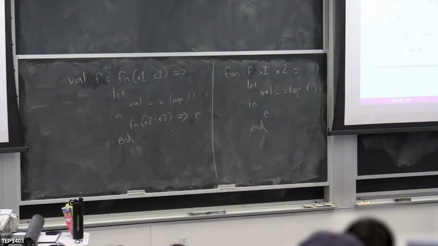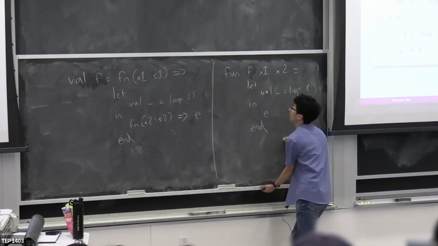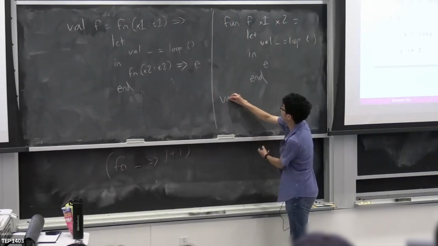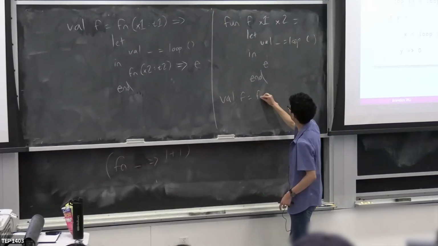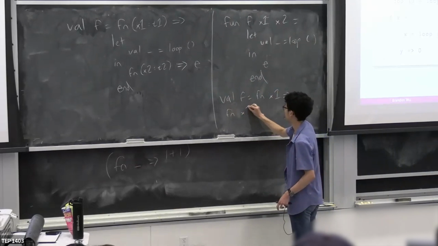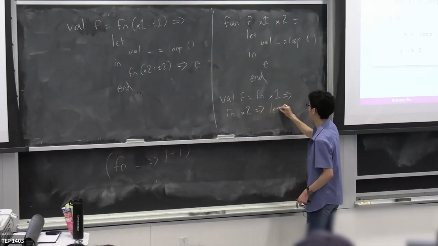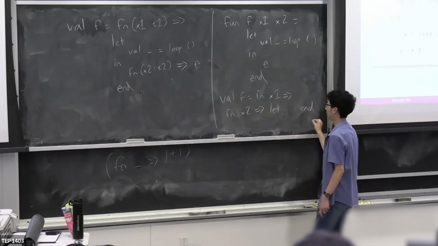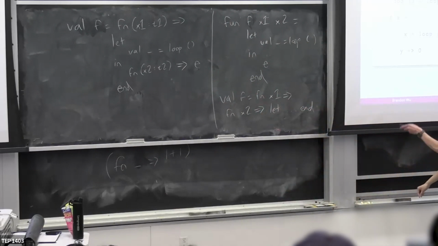This one is going to be total because if I give it any argument, I immediately get back a lambda taking in x2, and then that evaluates to this body. But this loop never happens because it's in a lambda. Because to desugar it, implicitly, this is val f equals fn x1 goes to fn, sorry, I'm running out of space, x2 goes to let ... end. Does that make sense? Remember, this is just that, or this is just that, right?